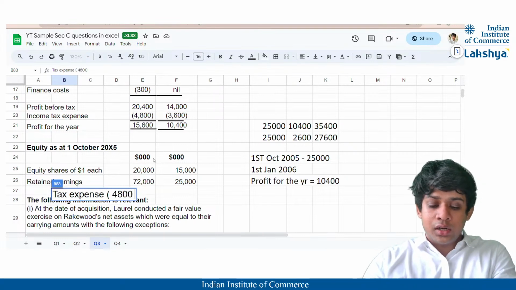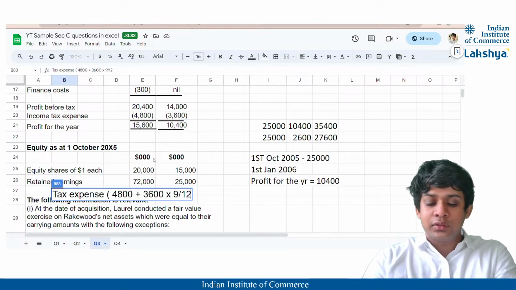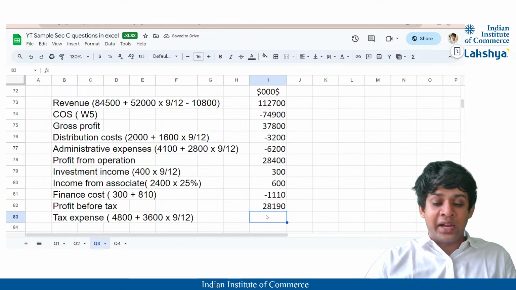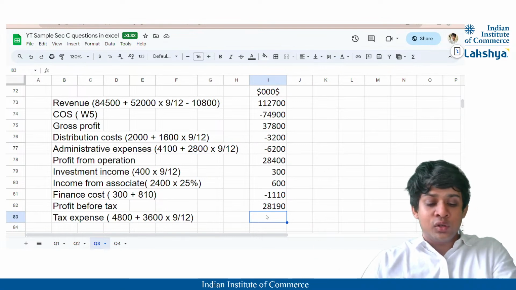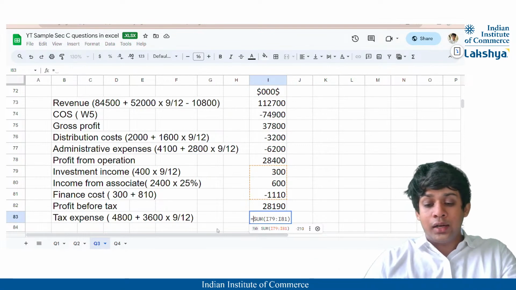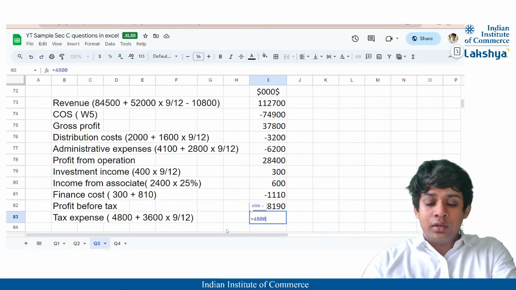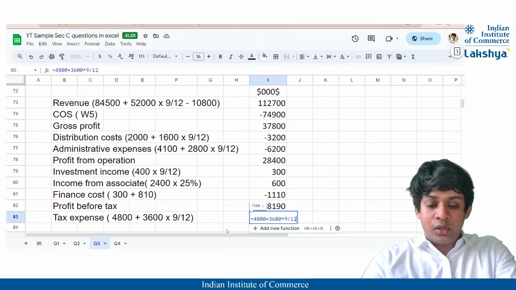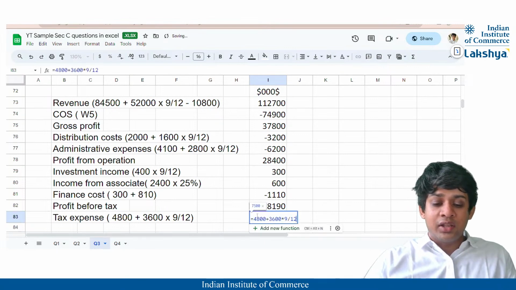So 4,800 plus 3,600 into 9 divided by 12. Correct? Because our profit is of 9 months, the tax on it will also be of those 9 months profit only, right? So that will be 7,500.